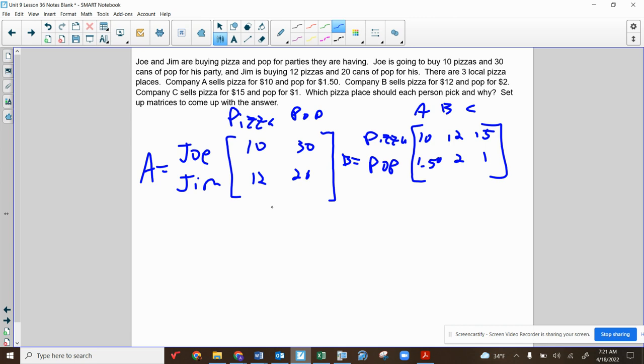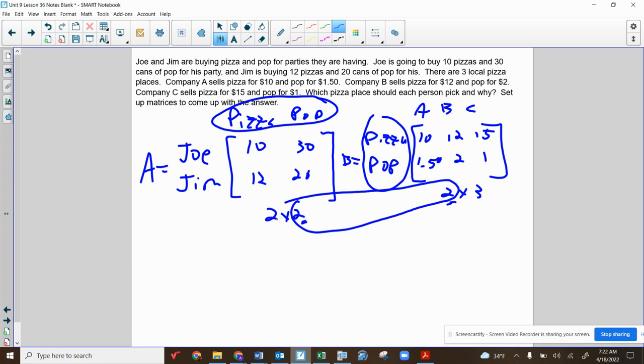Okay, so we have a 2x2 matrix and a 2x3 matrix, pizza and pop matching with pizza and pop. Okay, those match. Actually, let's circle them like that.